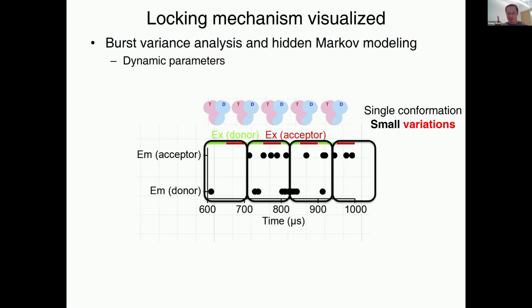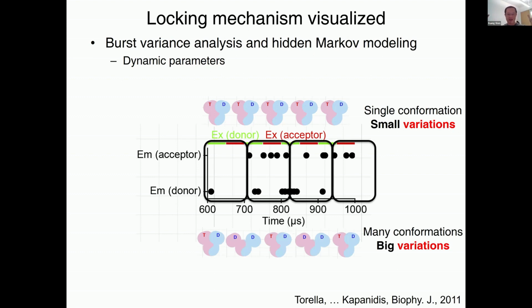If you only have 1 conformation, or if the 2 dyes are relatively static when this molecule is going through the confocal volume, you will have a small variation when you calculate the standard deviation of all the sub-bursts here. But on the other hand, if the protein is bouncing around, when it has multiple conformations, when you calculate using the sliding window, you will have a big variation. That's the idea. That's the genius idea by Kapanides group.